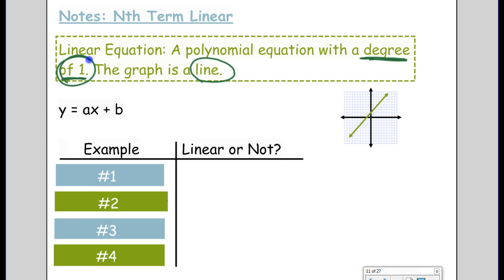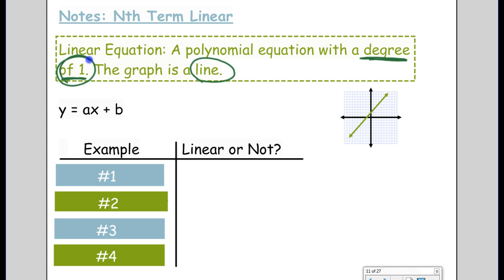Linear and line go together. Linear equation, degree of 1, and line. Oh yeah, it goes right there, sorry. Degree of 1, and line.